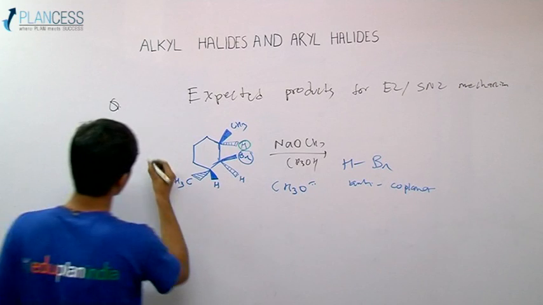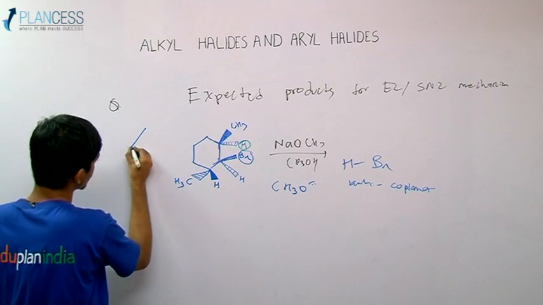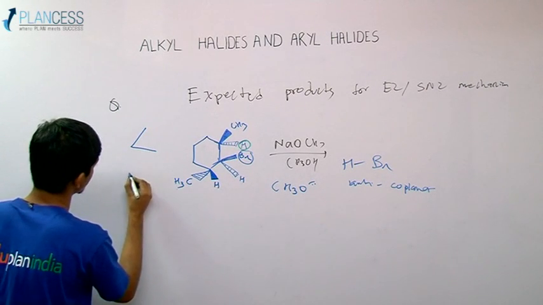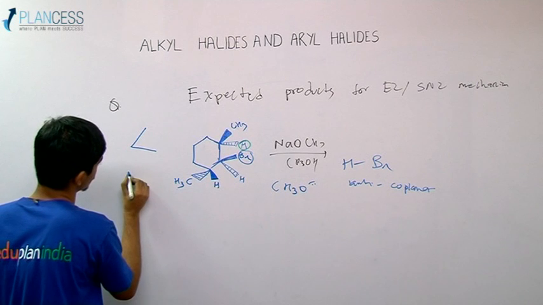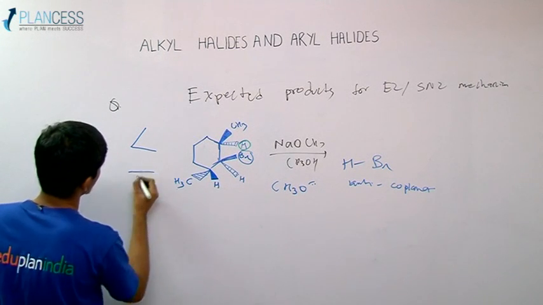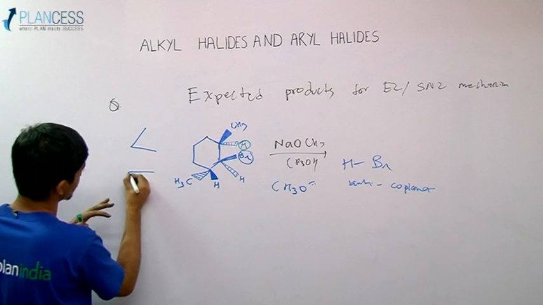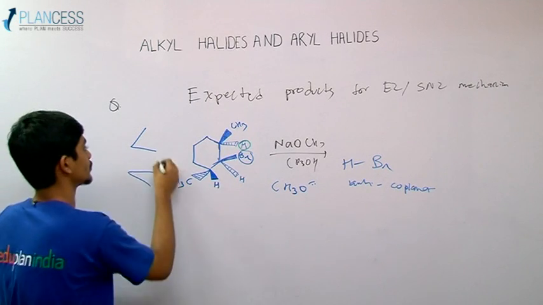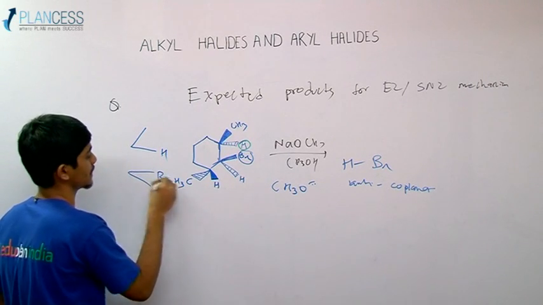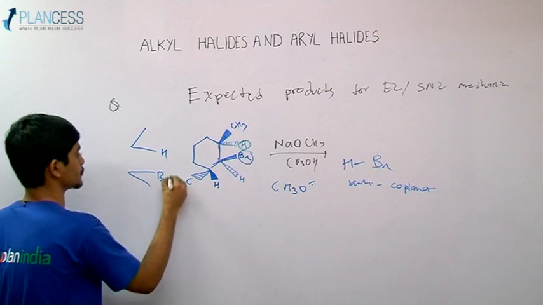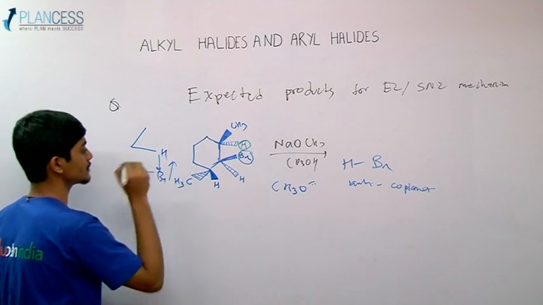You can also show it this way. This comes like this, and this goes something like this, and this goes something like the outside thing. So now this hydrogen and this Br come in plane, and this bromine is up and this hydrogen is down.